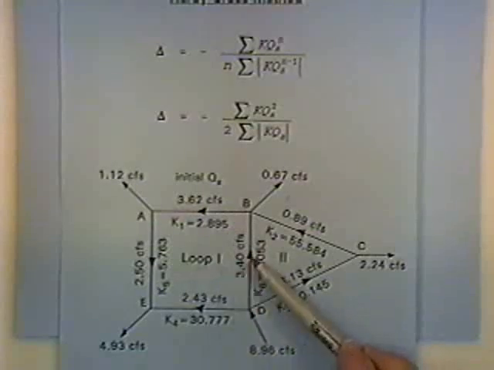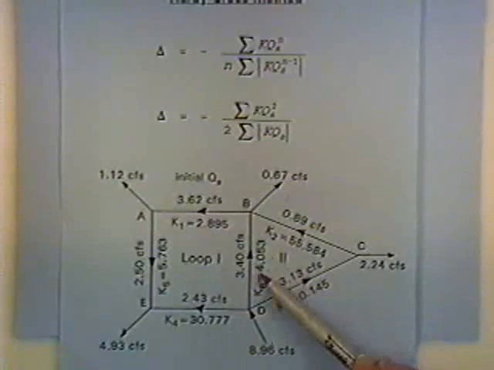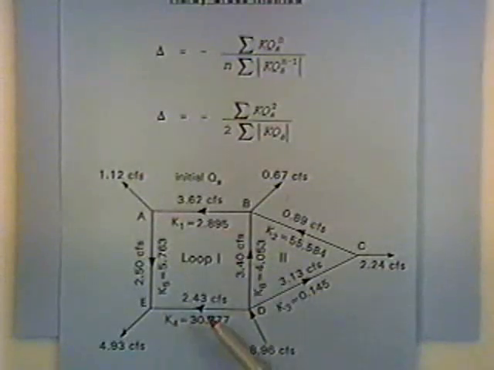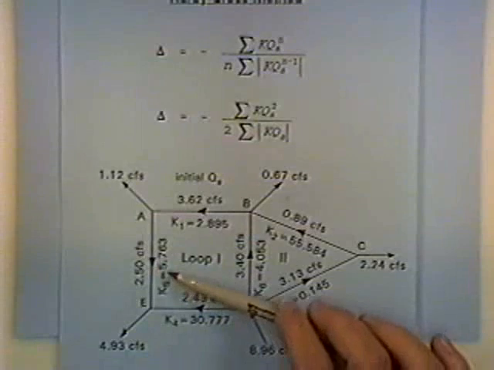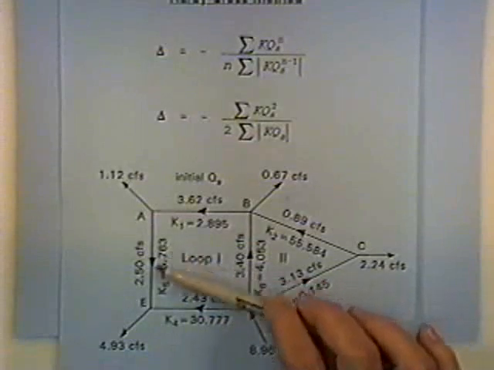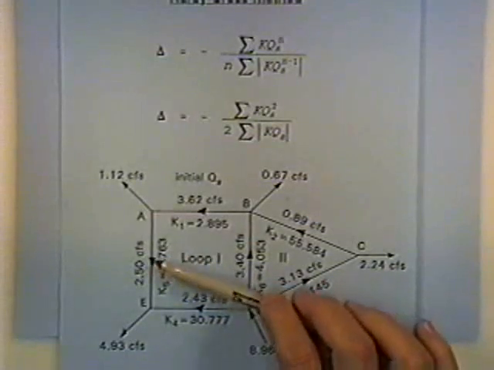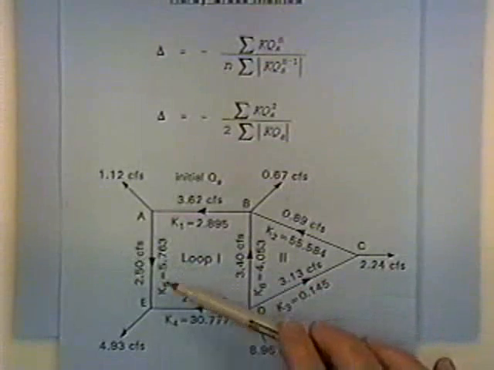This is counterclockwise, so it's going to be negative K6, 4.053, times 3.40 squared. That's clockwise, so it's going to be positive 30.777 times 2.43 squared. This is counterclockwise, so it's going to be negative 5.763 for K5 times 2.50 cubic feet per second squared.